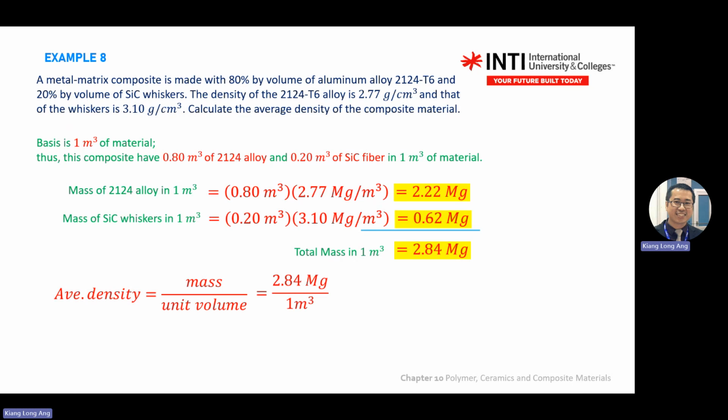You take total mass divided by 1 volume, it will be 2.84. This is very straightforward. Centimeter cube can, but make sure you have the correct unit.